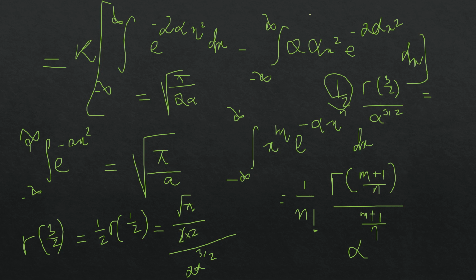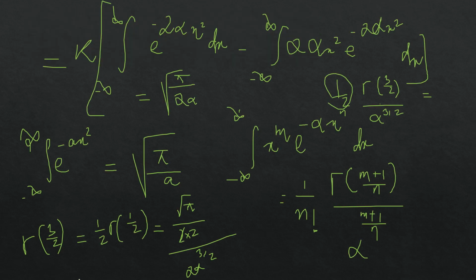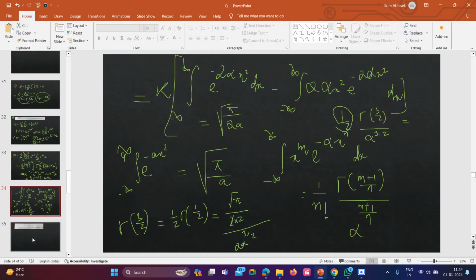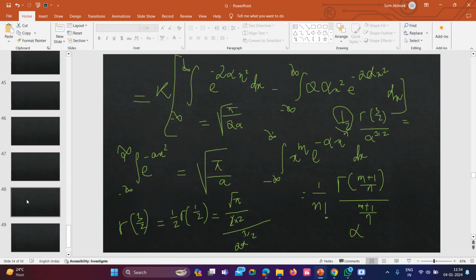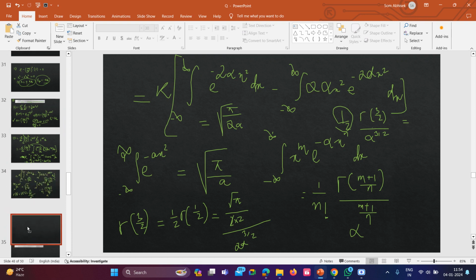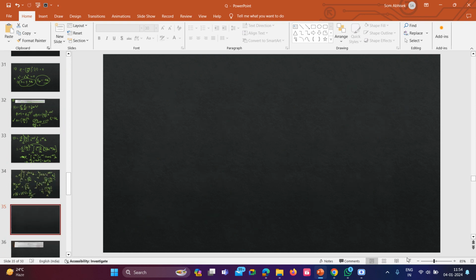After you put all the values, do that yourself, you will get it as minus alpha only. Minus alpha.